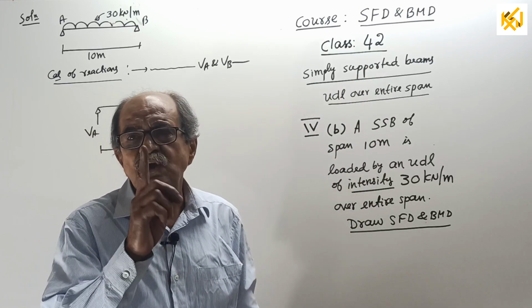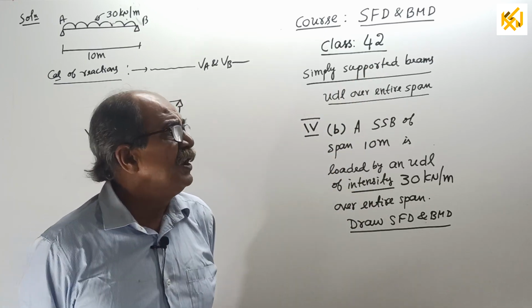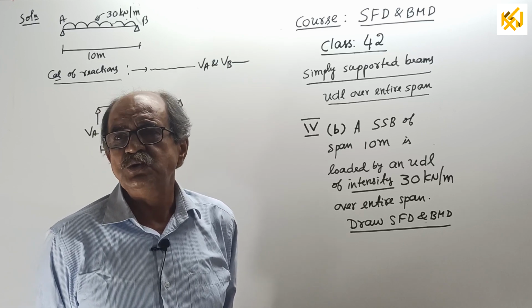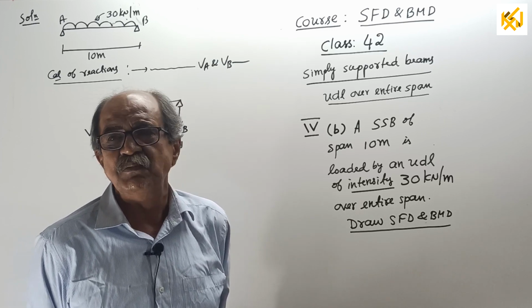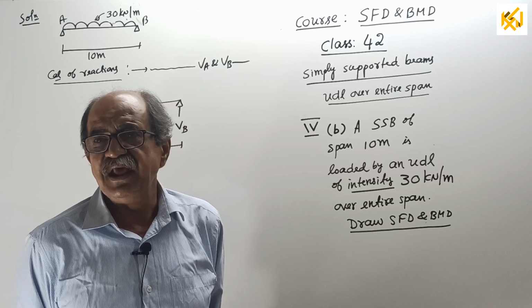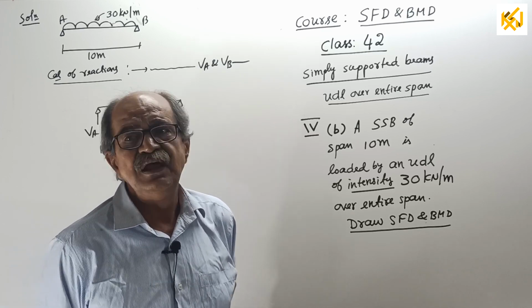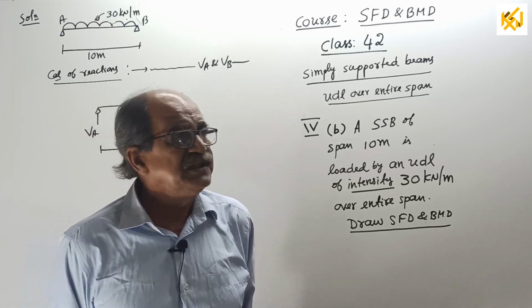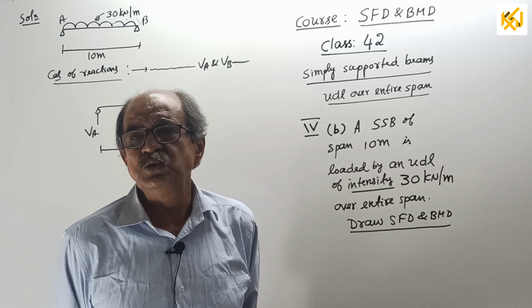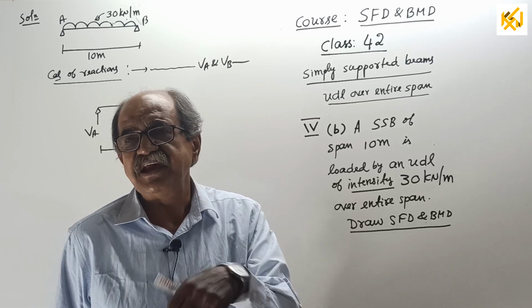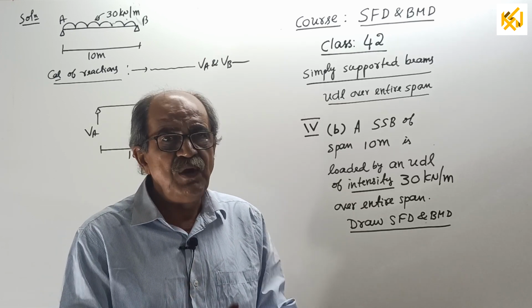Sometimes for a beam, if you struggle, it may take 10 minutes to get the maximum bending moment. I will tell the trick, you will get it in 2-3 minutes. An objective question which systematically may take 2-3 minutes, here you will take only 20-30 seconds. I will tell that when the time comes.